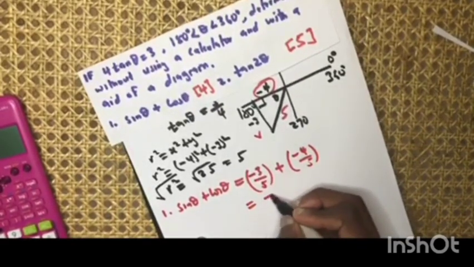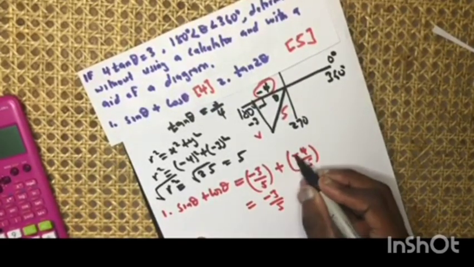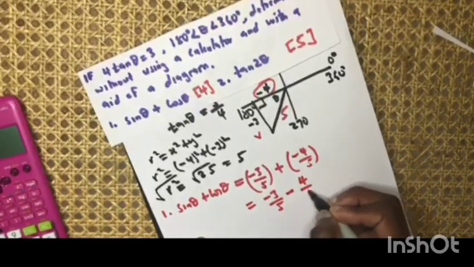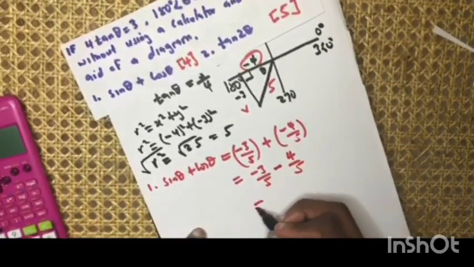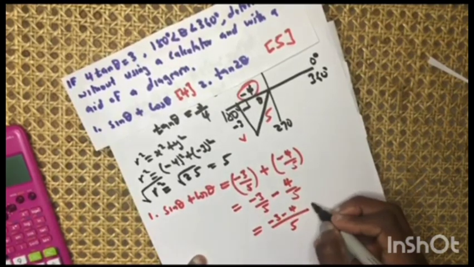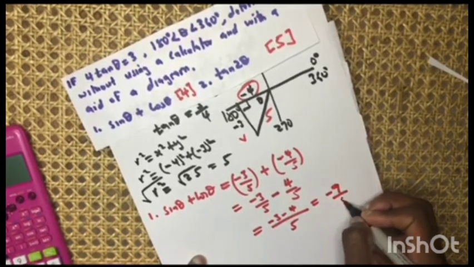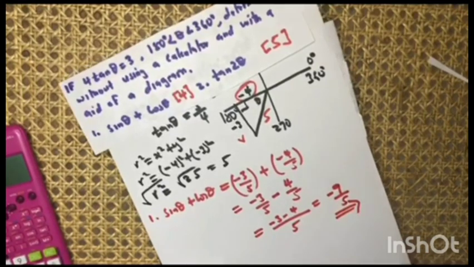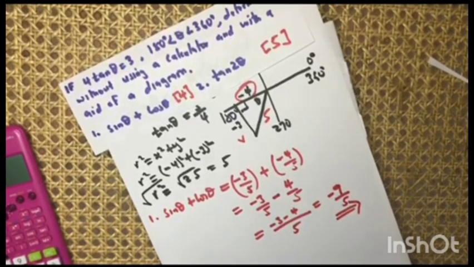So this is -3 over 5, plus -4 over 5. So can you see the numerators, -3 minus 4, so which is -7 over 5. So that's the answer for number 1.